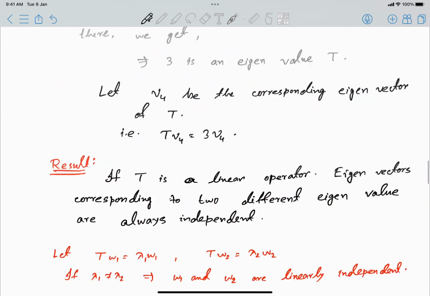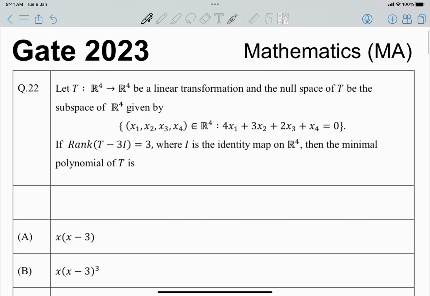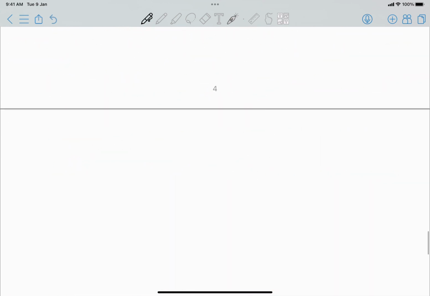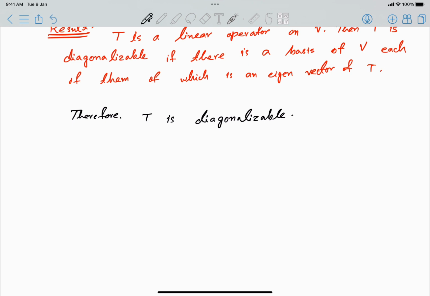So what do we have to find? We have to find the minimal polynomial, right? Here we can use one more result. Let me write the result.